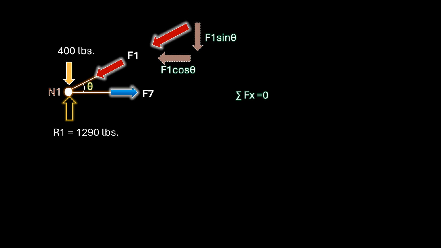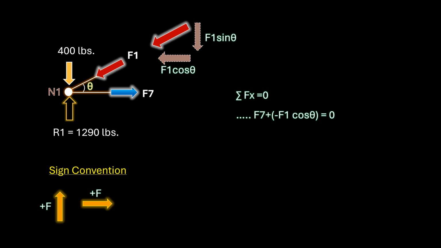Therefore, keeping in mind our sign convention, the equilibrium equation will be F7 plus the product of negative F1 and the cosine of theta equals 0. Note that the force component F1 cosine theta is negative based on our sign convention.